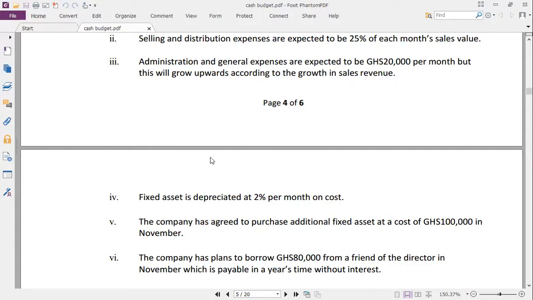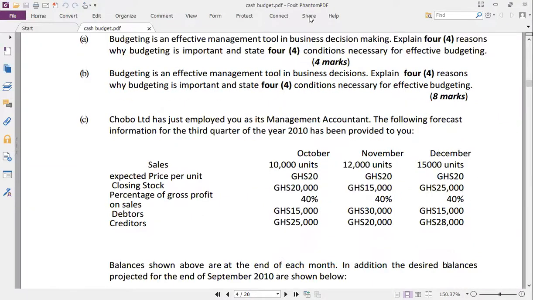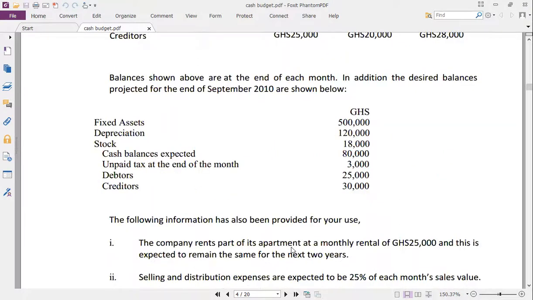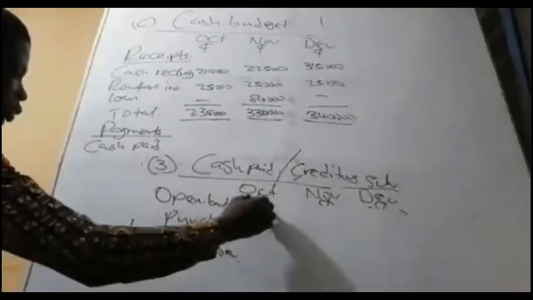So the open balance for creditors, closing balances. Then you are done. So the open balance for creditors will be 30,000 for that of October. So October, I put 30,000 as open balance.